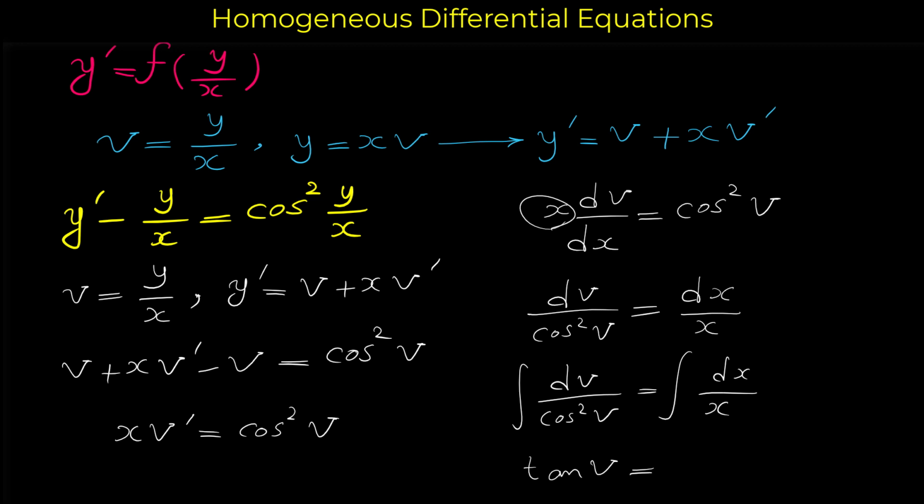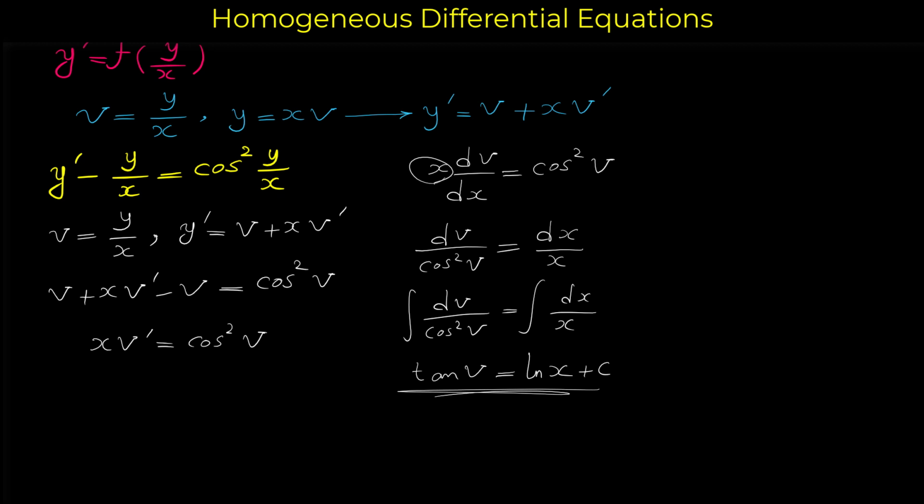So the integral of the left side is tangent of v, and the integral of dx over x is ln of x. It may be better to put an absolute value here, but usually you can put only x here, plus c.